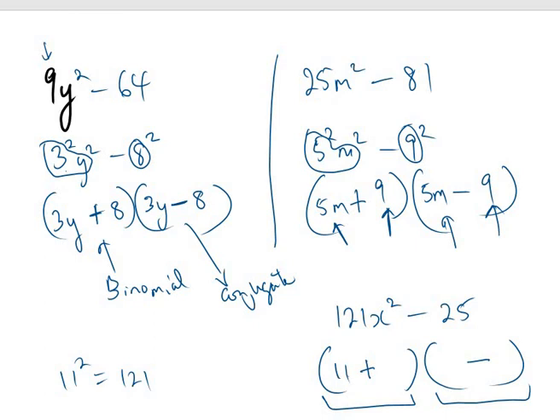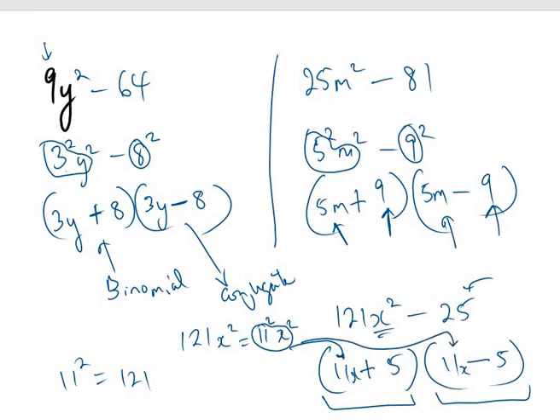So we're going to have 11 here and 11 here. What squared gives us 25? 5. So we're going to have a 5 here and a 5 here. But I forgot something, the x squared. So we're going to have our x here and our x here. That's important. In other words, 121x squared can be written as 11 squared x squared, and we just choose this portion to go here as well as over here.